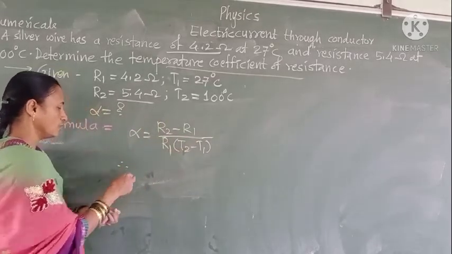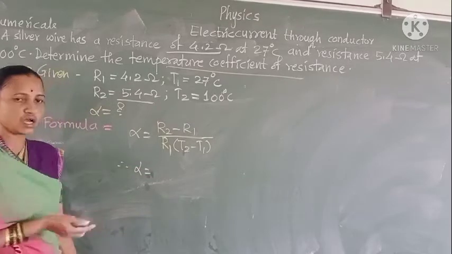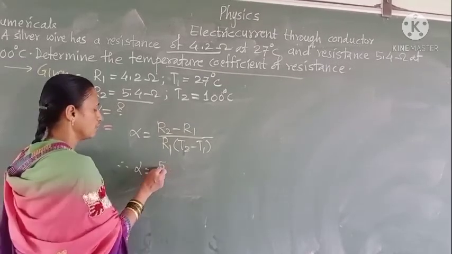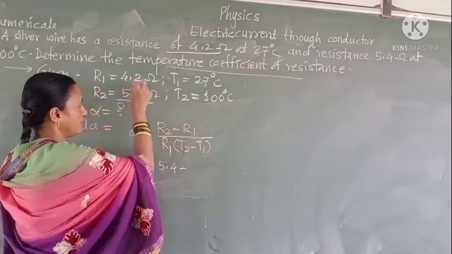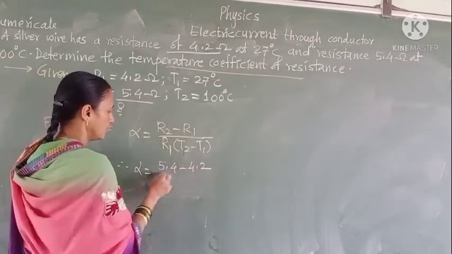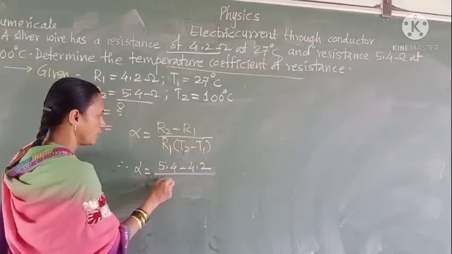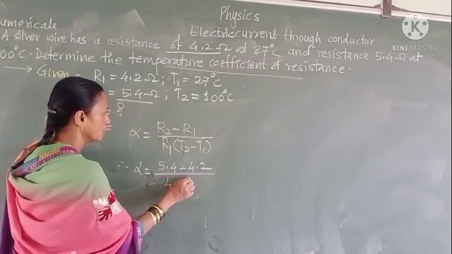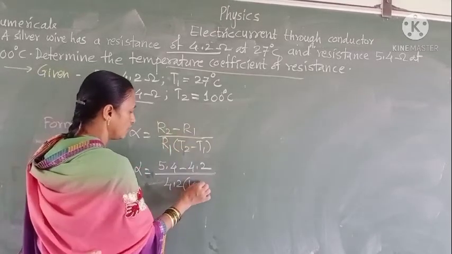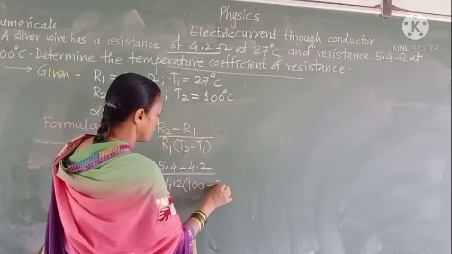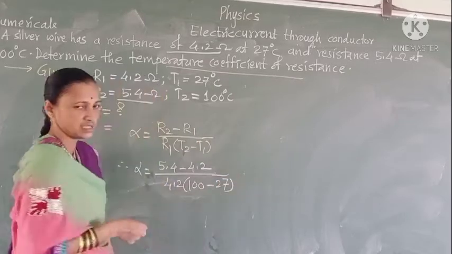Hence, we have to substitute the value for R2. R2 having the value 5.4, R1 having the value 4.2. Here this R1 also having the value 4.2. This T2 having the value 100 minus this T1 having the value 27 degree centigrade.